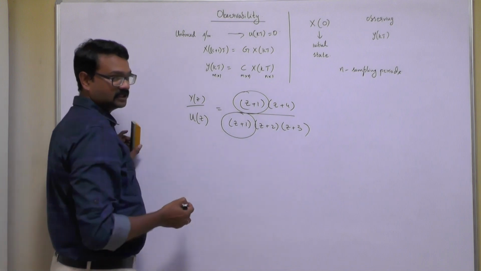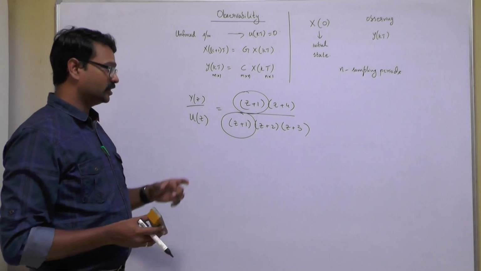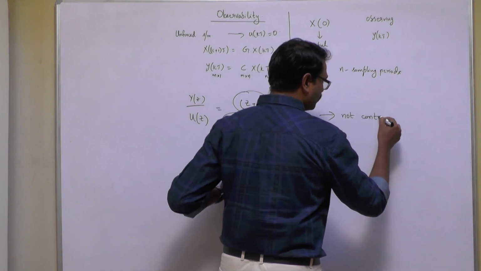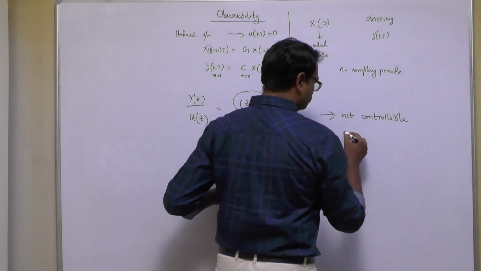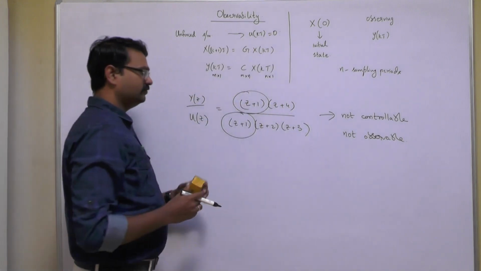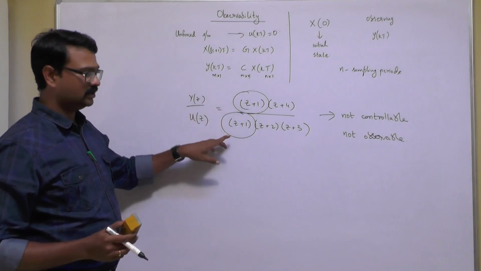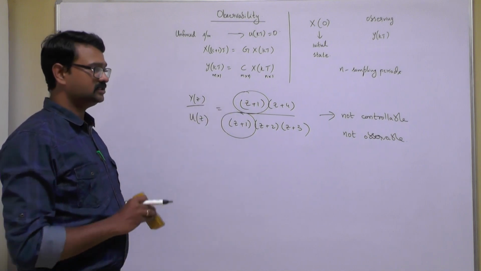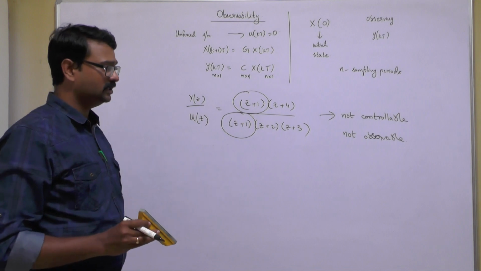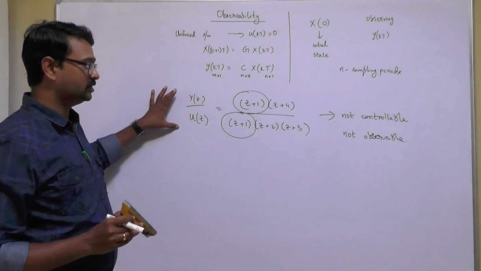If there is any pole zero cancellation occurring in your transfer function, you can say that this system is not controllable as well as not observable. Right. If there is any pole zero cancellation occurring in this system, z plus 1 and z plus 1, then automatically you can say that the system is neither controllable nor observable. It may be either state controllability or output controllability and observability. And all these three are not possible for such pole zero cancellations.